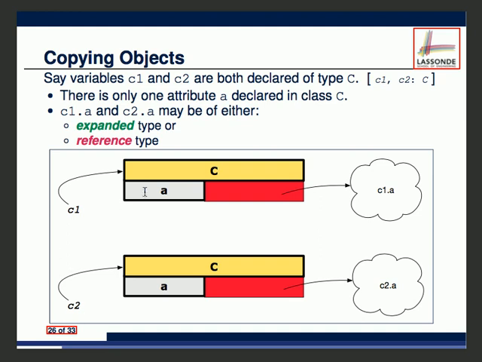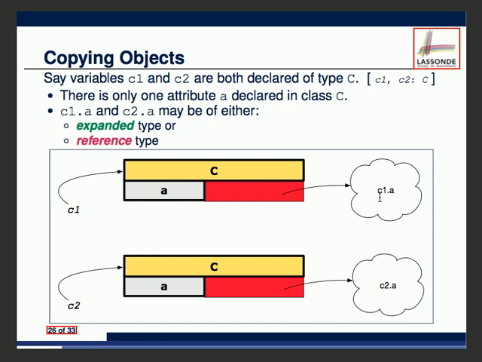And there's only one attribute for class C, which is A. And A here may point to something else. I just put it like a cloud, C1.A. C1.A can be as complicated as you like. For example, C1.A may be as simple as an integer, very simple type. Or it can be some very complicated object structure at runtime, right? So C1.A can be just anything you can imagine.